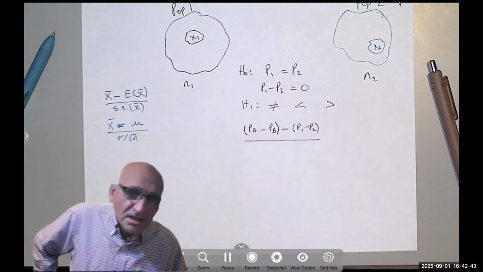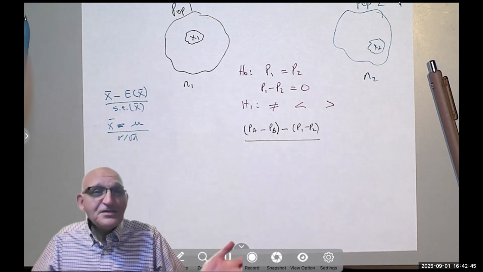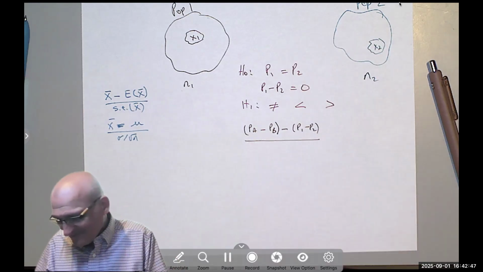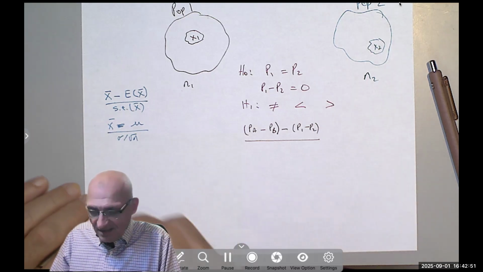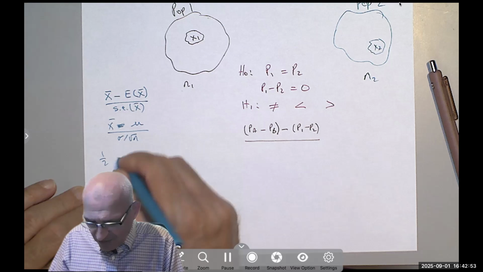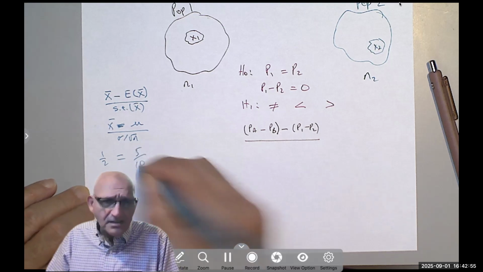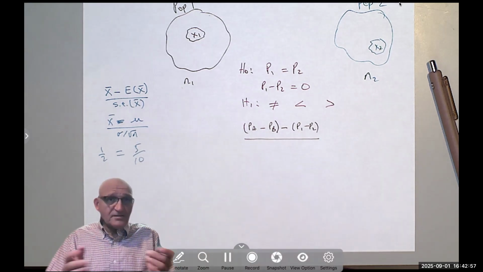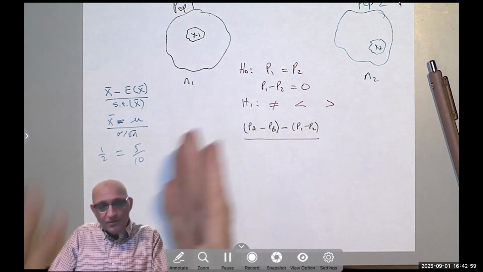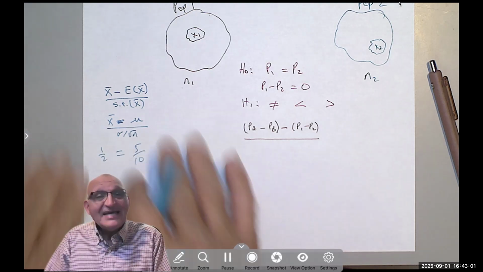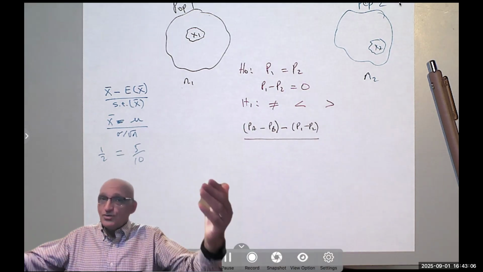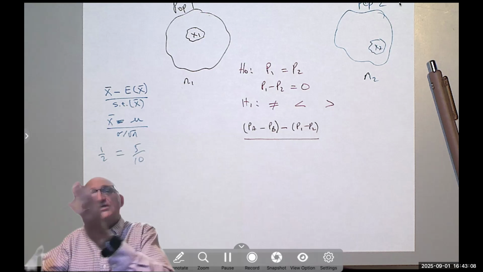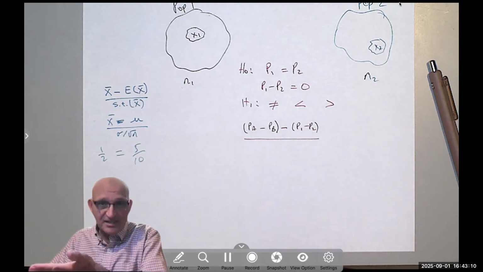Here comes, you know, arithmetic for help. Suppose I have two proportions and I say one half equals 5/10. Yeah, it's correct. But now, if I assume they are equal, because notice we always assume the null hypothesis is true, and then we see if we have evidence to reject that.